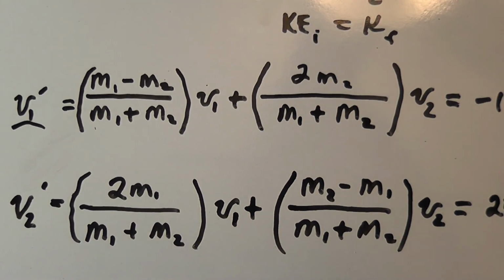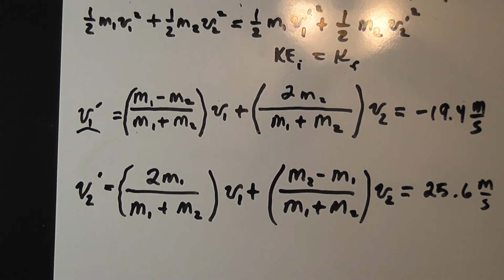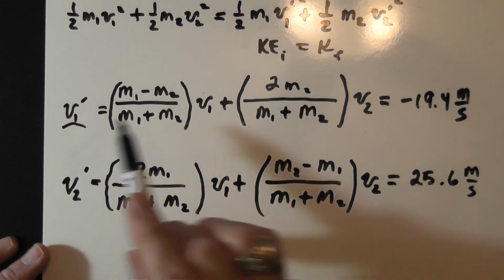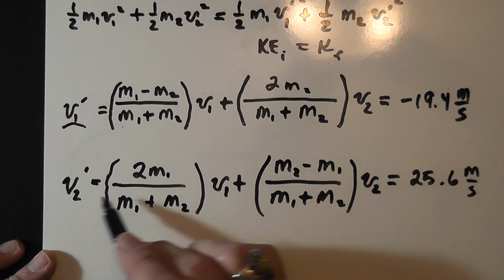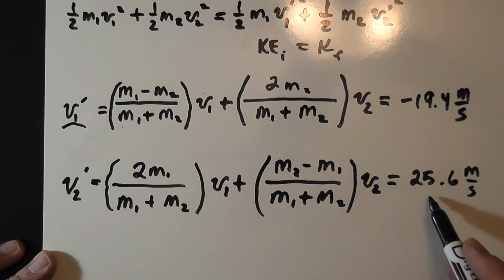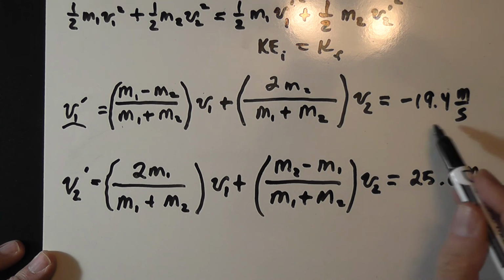Let me just adjust this up a little bit higher here, so everybody can see that. Okay. So we have v prime 1 is now equal to negative 19.4 meters per second, and v2 prime is going to be equal to 25.6 meters per second. So they've changed direction, and we have their velocities.